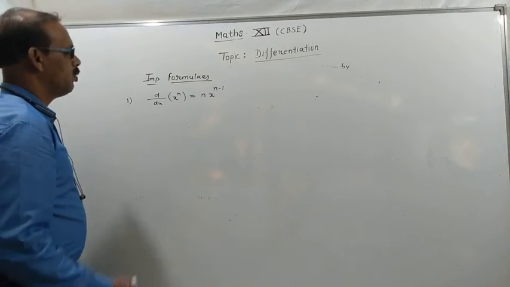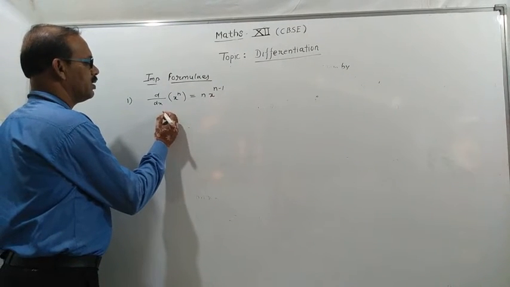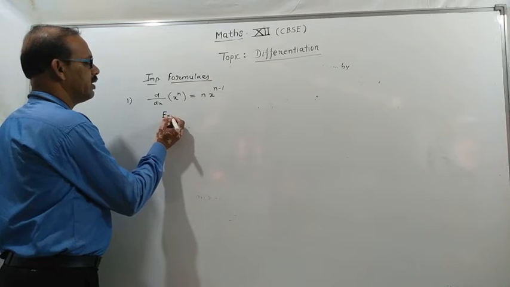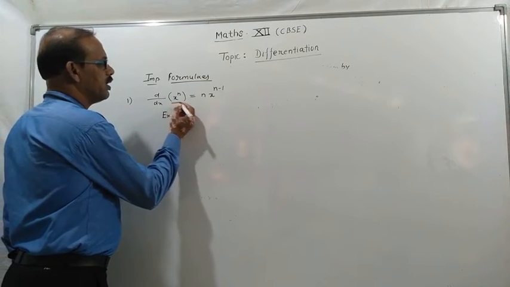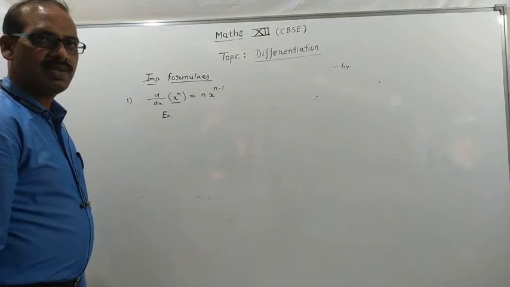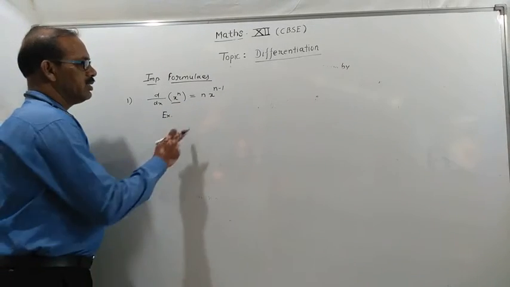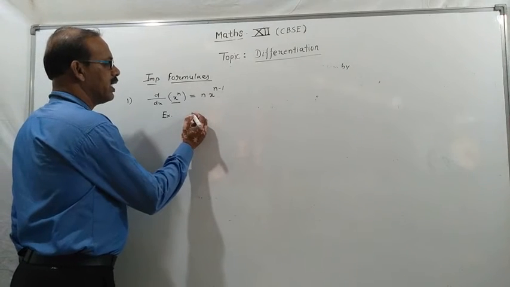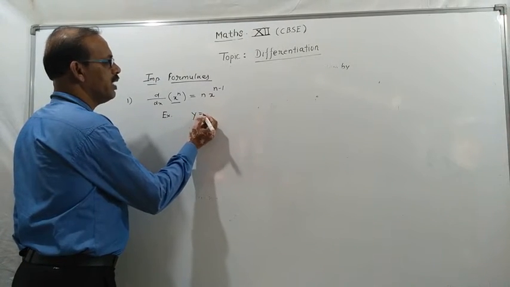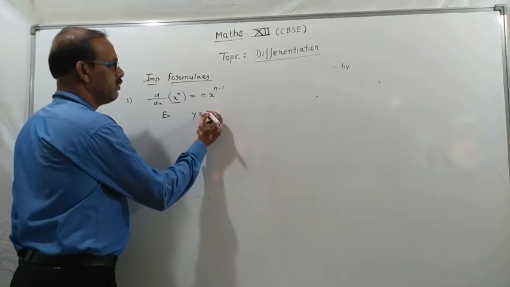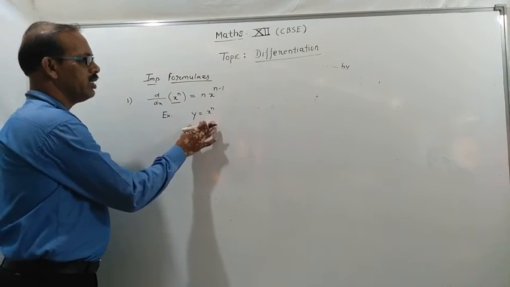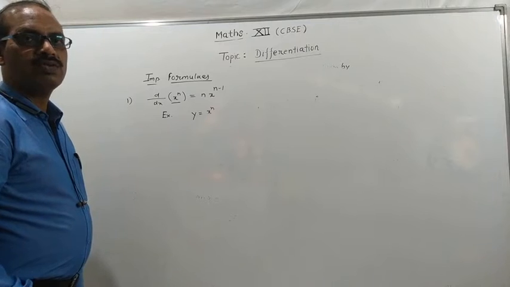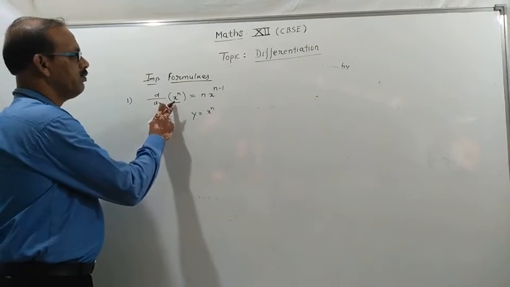To explain this formula, we take many different examples of how to find the derivative of a given function. This is a given function which is known as an algebraic function, and as explained, we can consider the given function by y is equal to x to the power n. Suppose we have to find the derivative of this given function.